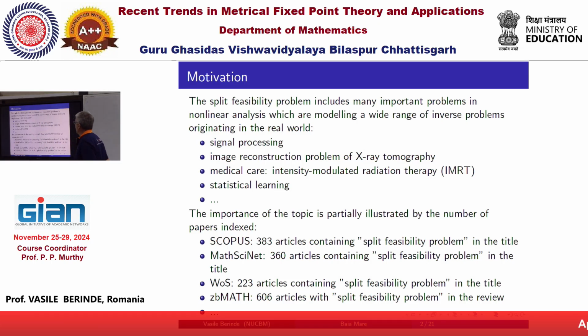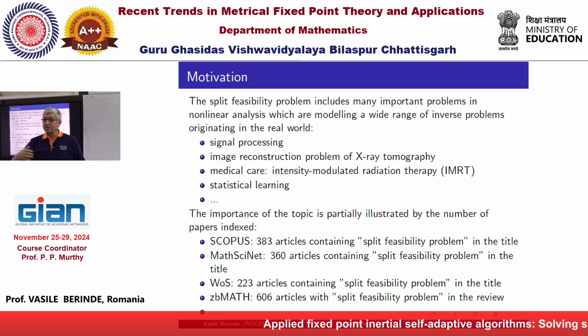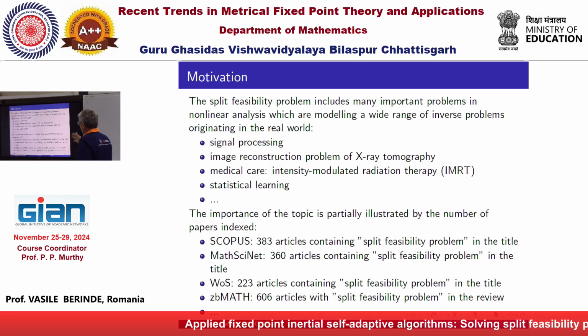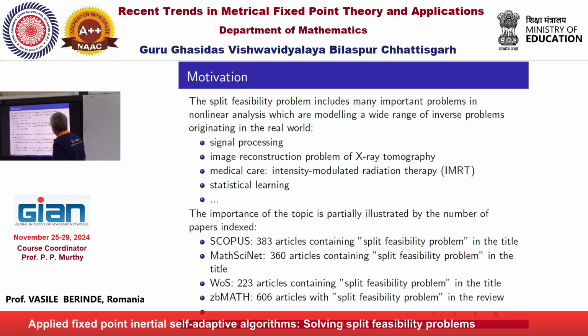These are reviewed here in MathSciNet. You should know that some journals which are indexed in Scopus are not indexed in MathSciNet. So this is the explanation for the difference in numbers.